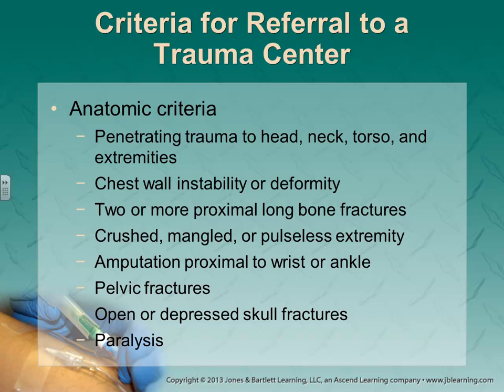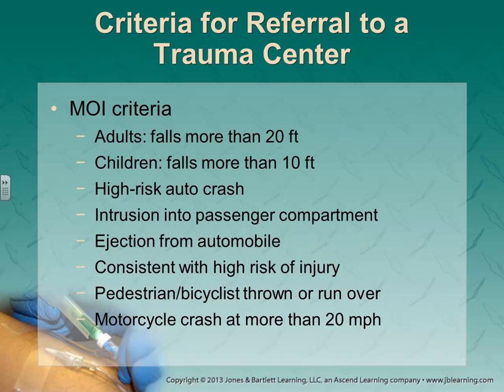Other things that you're going to look at: injuries themselves, your penetrating trauma to the head, neck, torso, or extremities, chest wall instability or deformity, 2 or more proximal long bone fractures, crushed, mangled, or pulseless extremities, amputation proximal to the wrist or ankle, pelvic fractures, open or depressed skull fractures, or paralysis. All this stuff is going to be more than what the resources of say a level 3 hospital can handle. So you need to get them to definitive care.